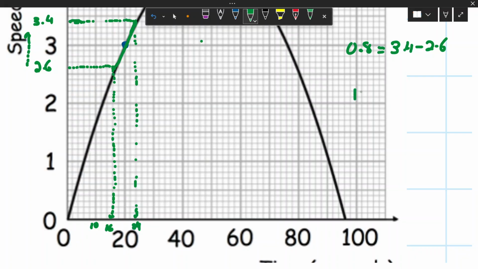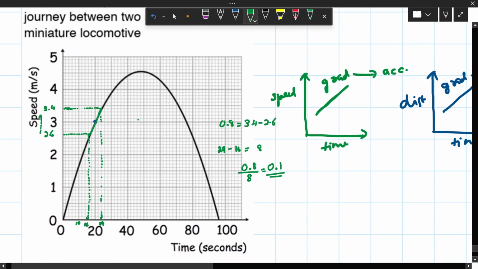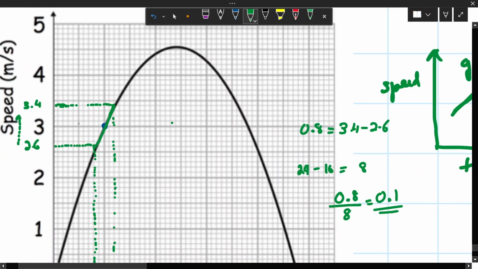So 16 through 24, take away 16. Your run is 8. Oh, that's good. That's nice. I've done a good job there. So the rise is 0.8, the run is 8. If you do that, you get rise over run, which is 0.1, and that is your acceleration. So acceleration is the gradient of a speed time graph, and we know how to find the gradient. Don't make it too long.